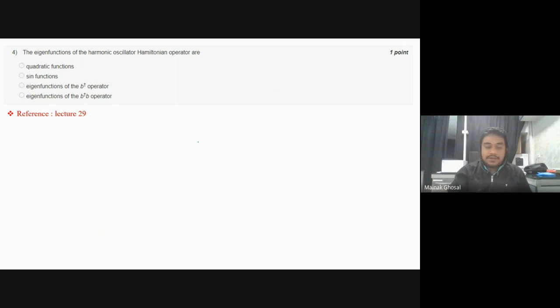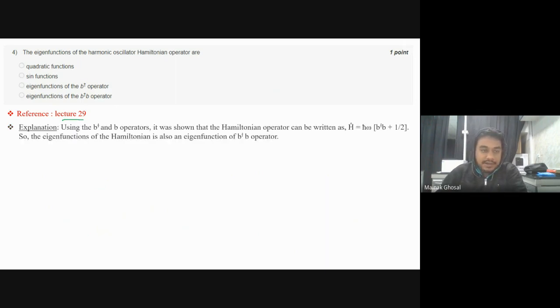It was also discussed in lecture number 29 what the eigenfunction of this harmonic oscillator Hamiltonian operator should be, and using the B dagger and B operators, it was shown that the Hamiltonian operator can be written as what I have shown you. You can write this Hamiltonian as h cross omega into B dagger B plus half. Okay.